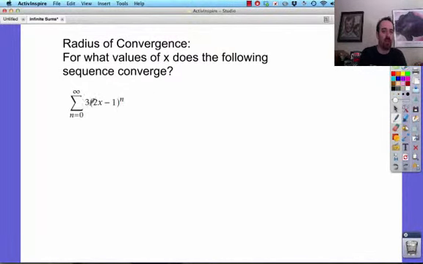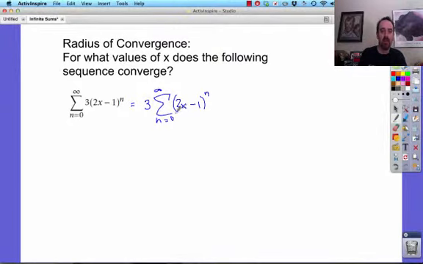So this 3 is not going to matter in some sense. So I'm going to pull it out front. Okay. We have 2x minus 1 to the n. Okay, so we have to go back and think about geometric series.